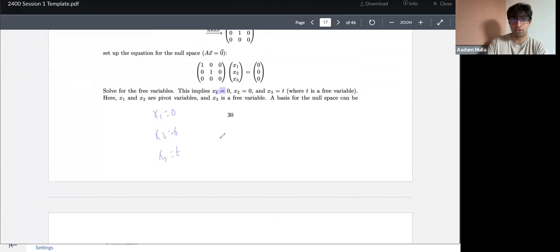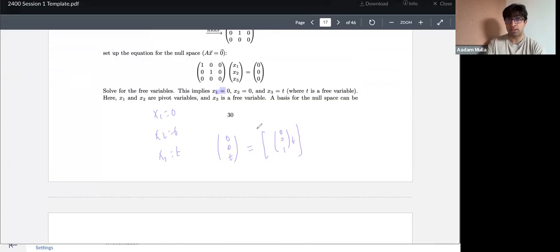That means your solutions are going to be of the form (0, 0, t), or another way to think about this is (0, 0, 1) times t. But you have one vector in your kernel. Because you have one vector, the nullity would be 1. The dimension of the null space is 1.